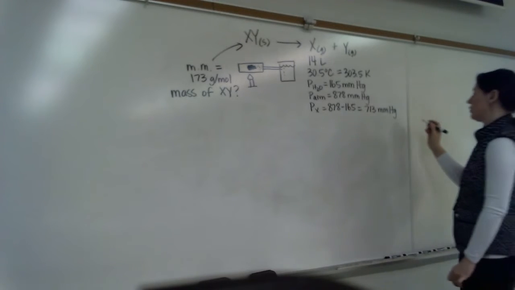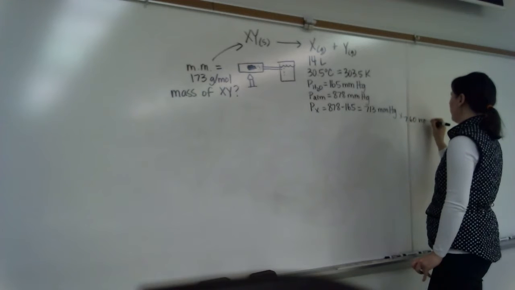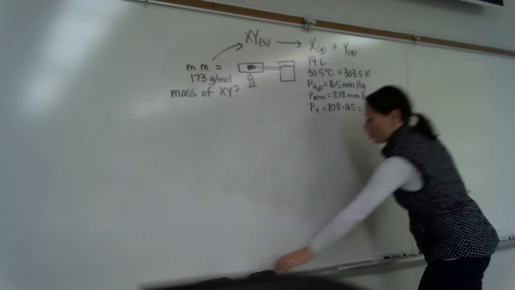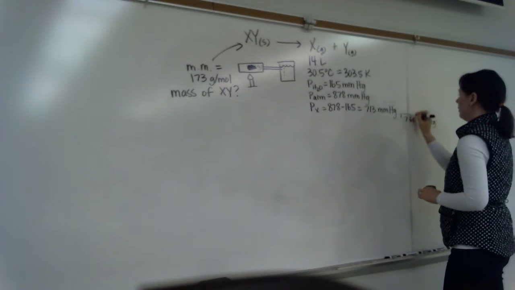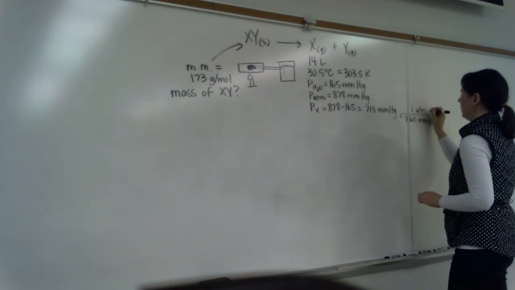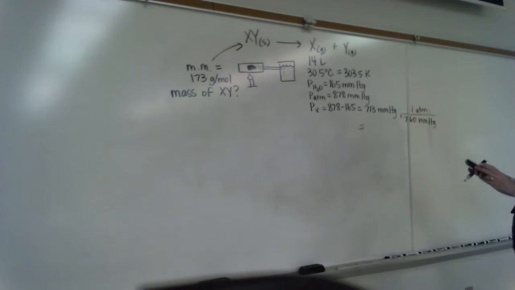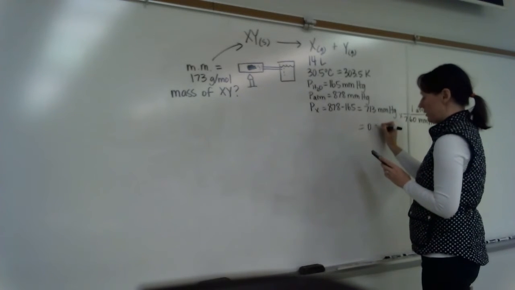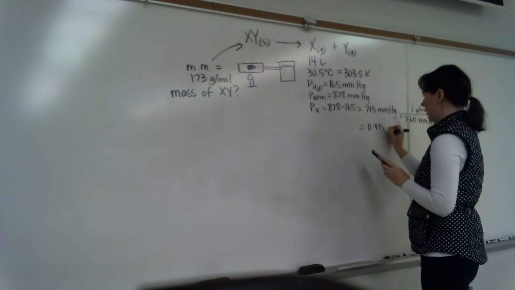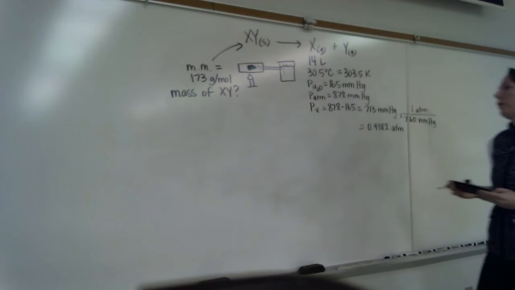No. What's the conversion factor? 760 millimeters Hg for 1 atmosphere. So 713 divided by 760 gives me, keeping some extra decimal places, 0.9382 atmospheres.